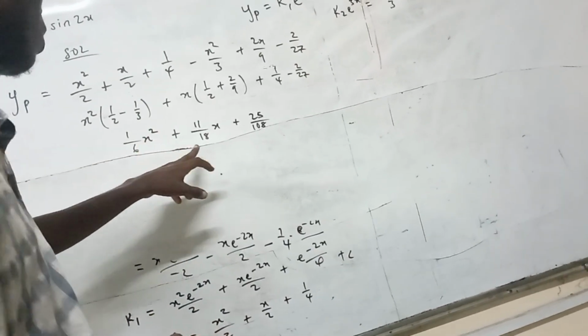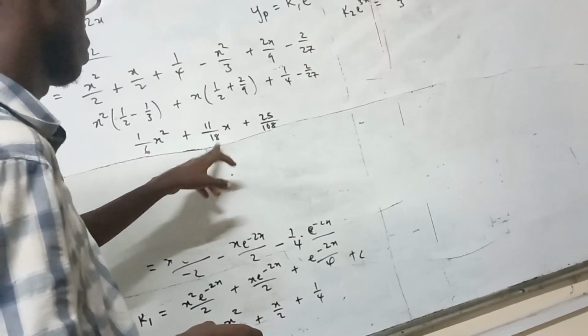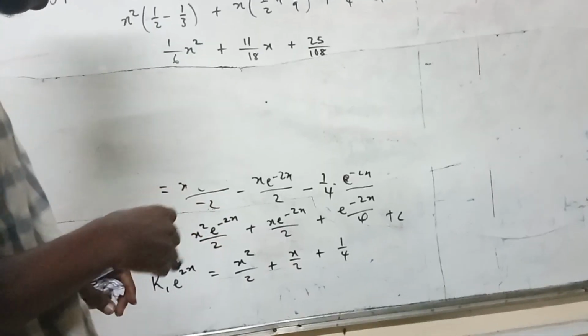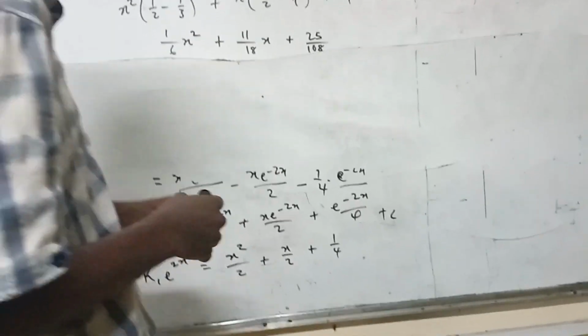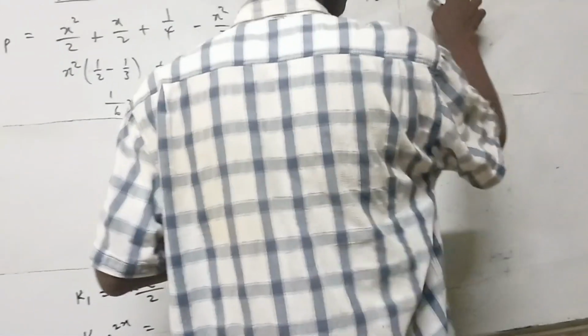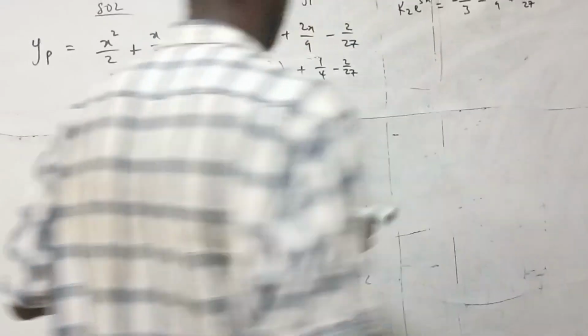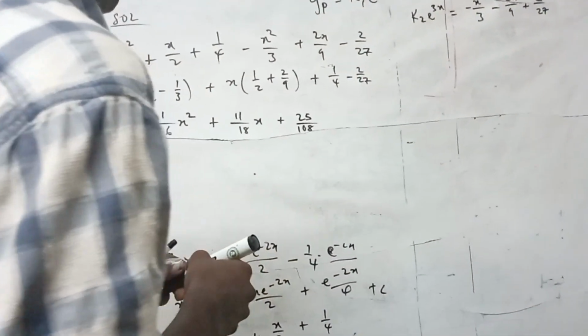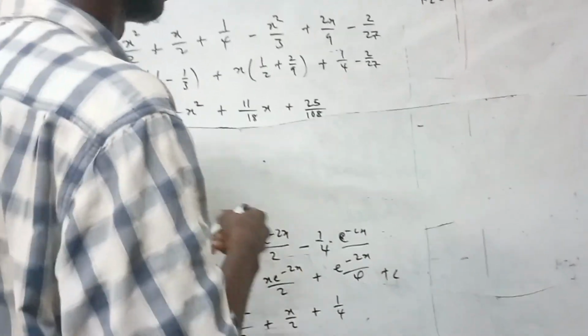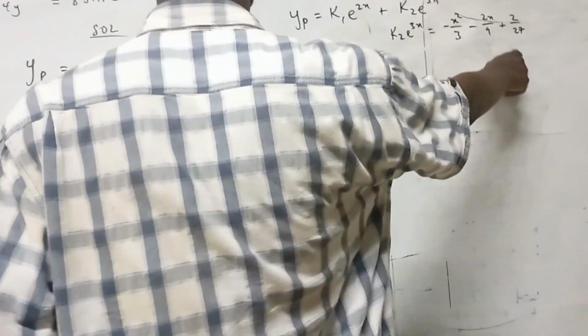I'm going to complete the exam. Yeah, k1 equals minus k2. There was a mistake here. This is supposed to be minus, and plus 2 over 7.